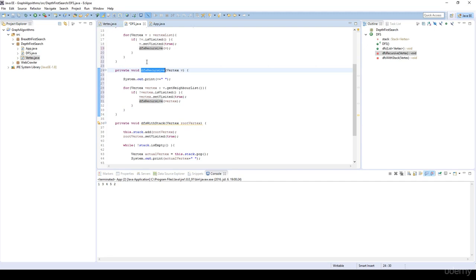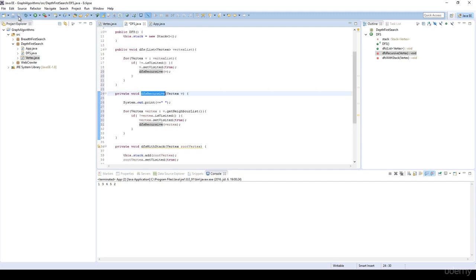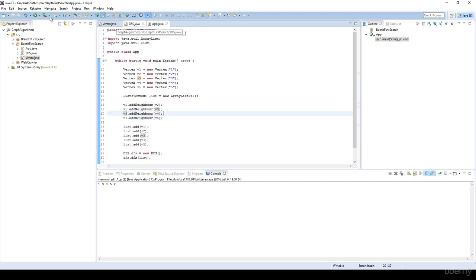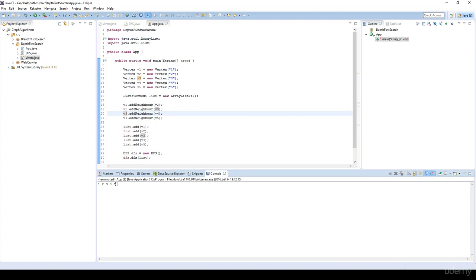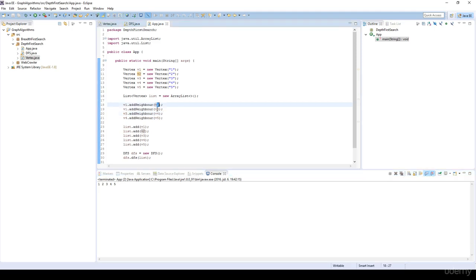Okay, let's see whether it's going to give the same solution. 1, 2, 3, 4, and 5. You may come to the conclusion that, okay, it is not the good solution, but basically it is the good solution because no matter what, we can visit the vertex 2 or the vertex 3. There is no order in graph traversing.